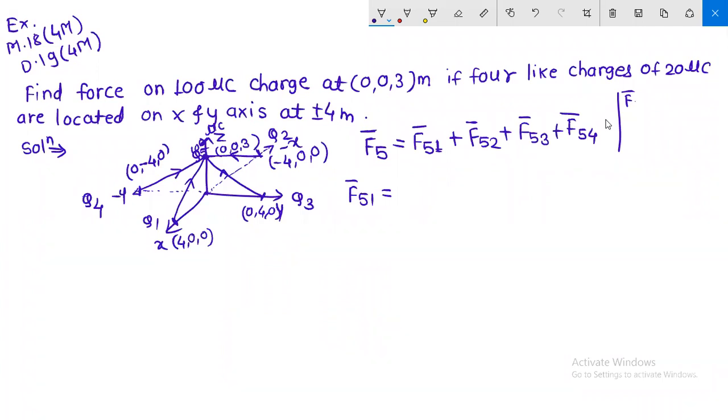So here force is acting on charge Q5 due to charge Q1, means which charges, Q1 and Q5. We are considering two point charges Q1 and Q5. So formula will be Q1 Q5 divided by 4 pi epsilon 0.